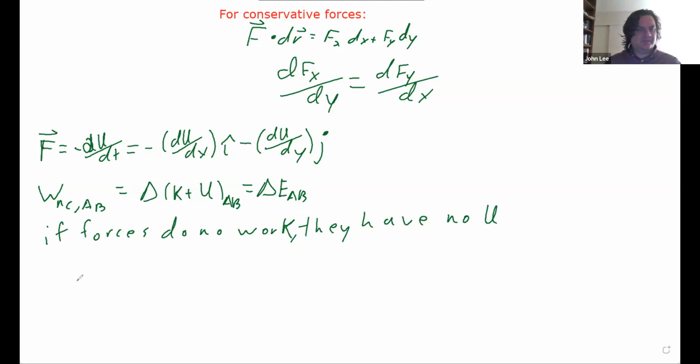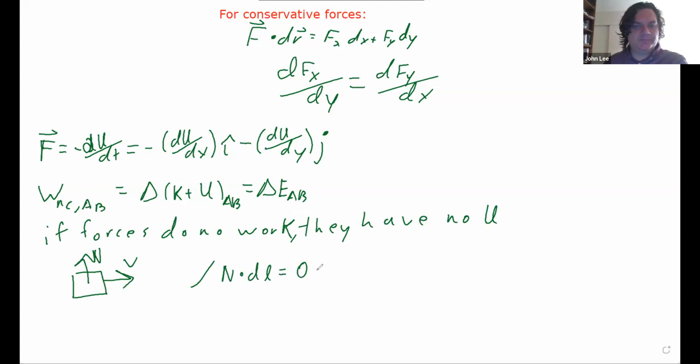So if you have a normal force acting on a block and it's moving this way, then N dot dl equals 0, which yields no change in energy.